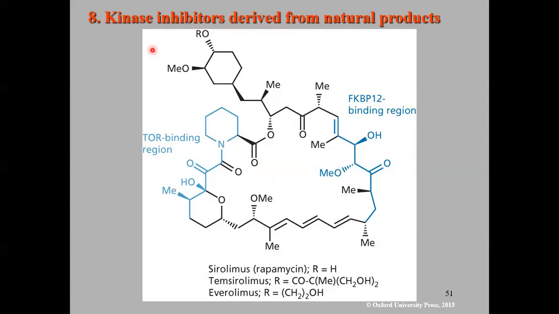The important thing with these agents is their mechanism of action. Okay, it has a unique mechanism of action. We saw in the previous slide that it inhibits the mTOR kinase enzyme, right? But it inhibits that enzyme in a special way. It has a special mechanism of action.